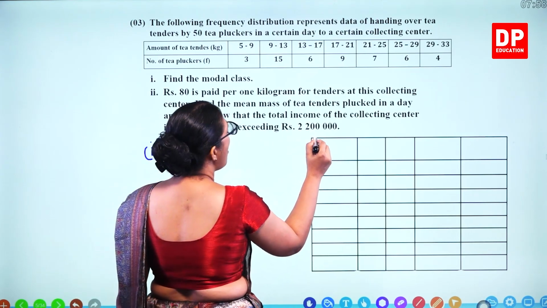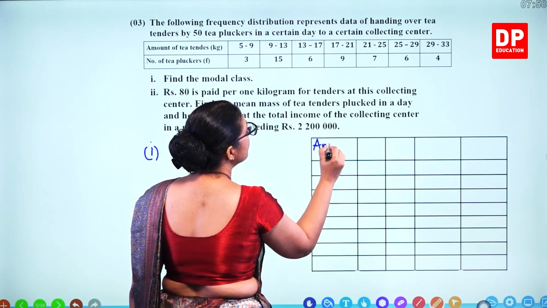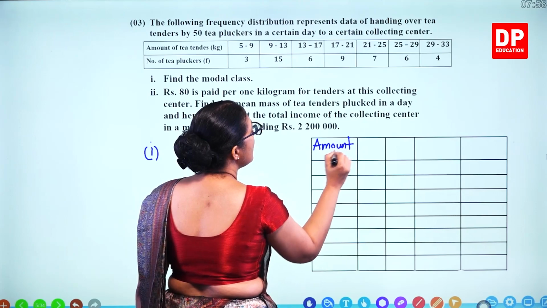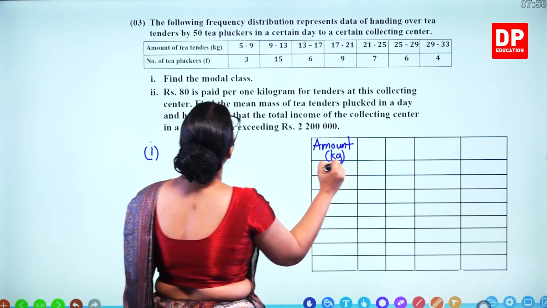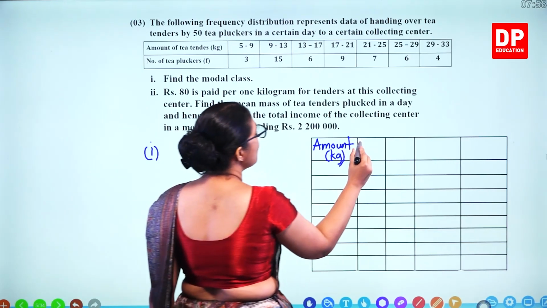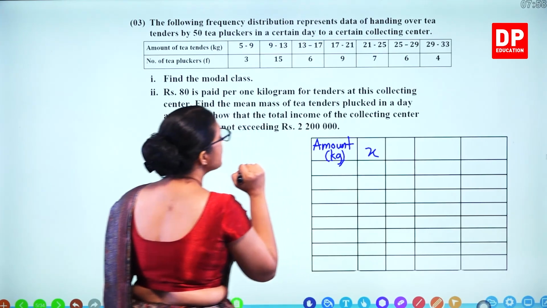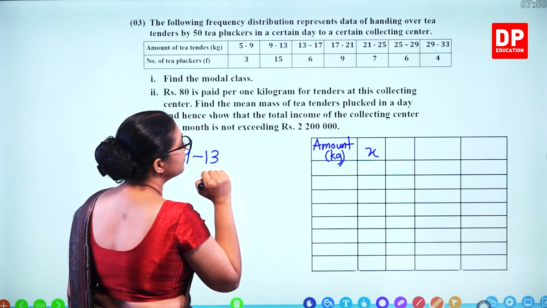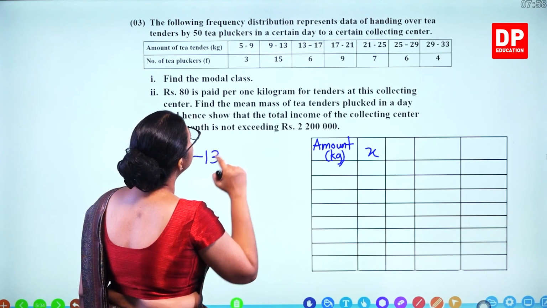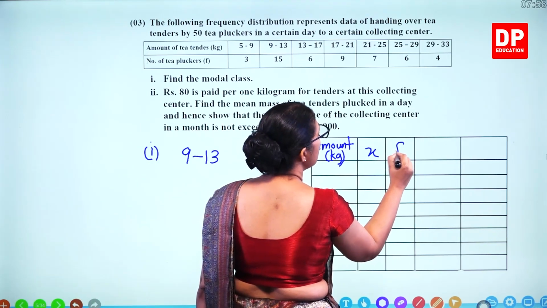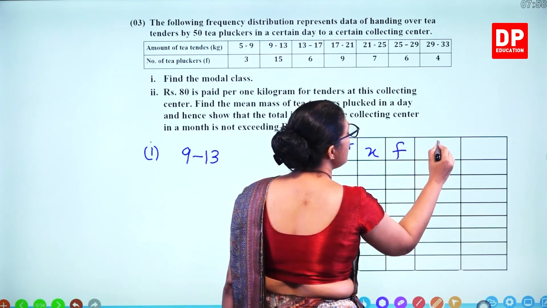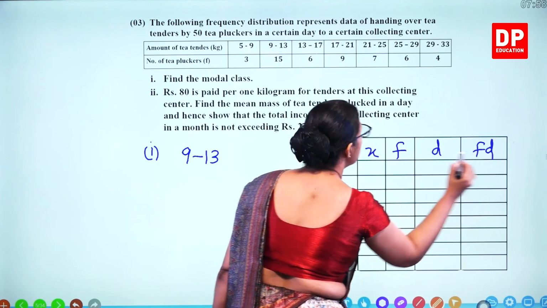So this is the amount in kilograms. Then you have to find the mid value. I'll put X, and frequency, deviation and FD.